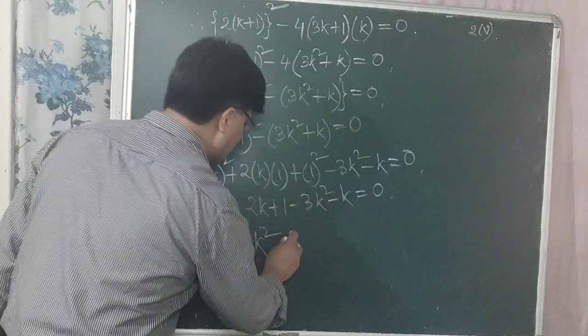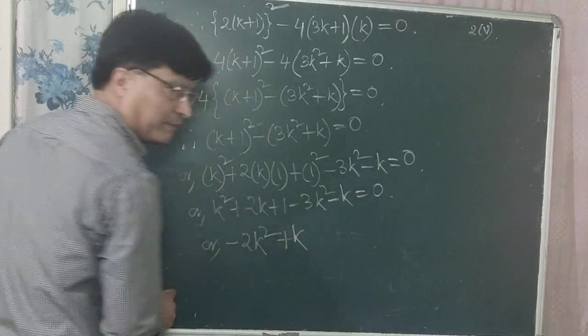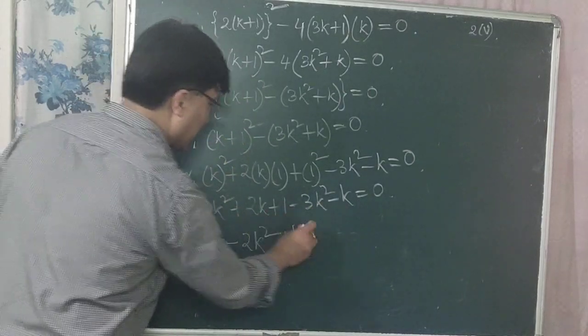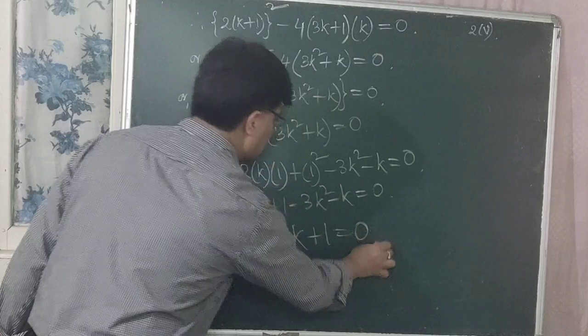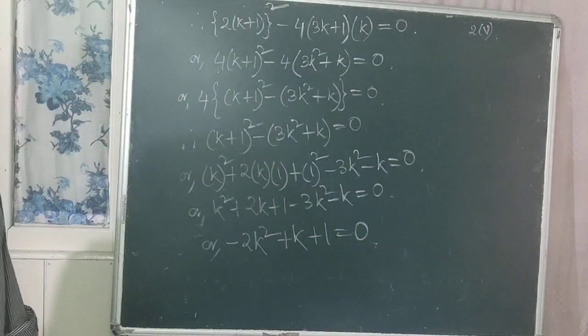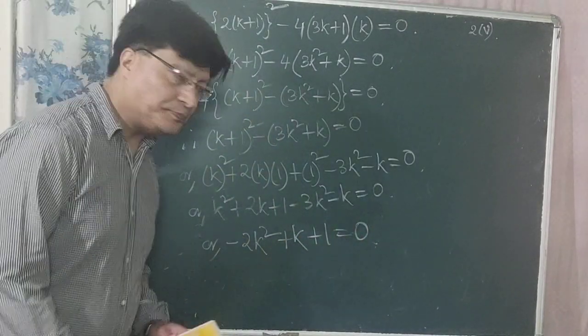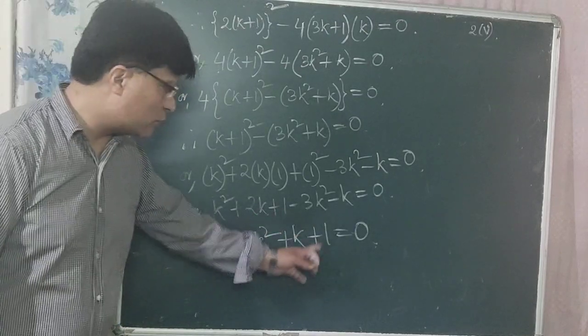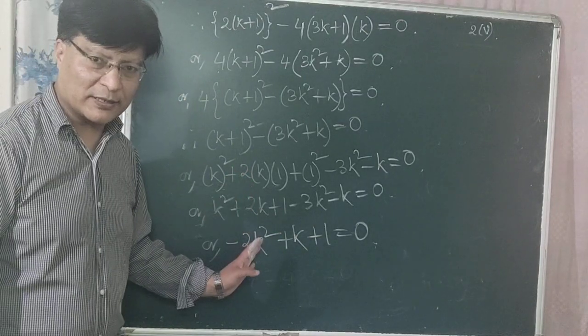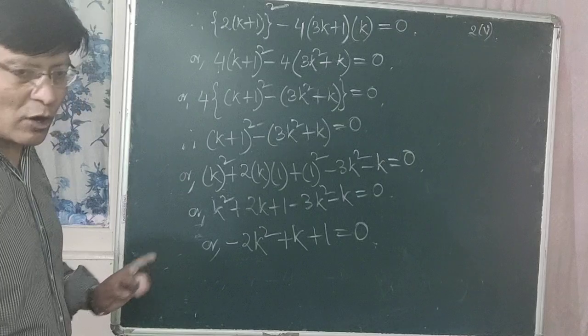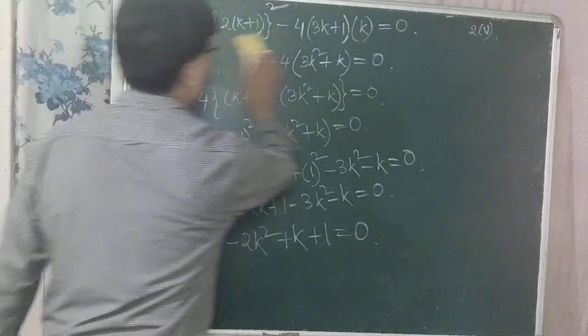And what is plus 2k minus k? Plus k. Plus 2k minus k is plus k. And then write down plus 1 is equal to 0. Now, this is also a quadratic equation. You have to solve it. If there is a common minus, you take minus common.